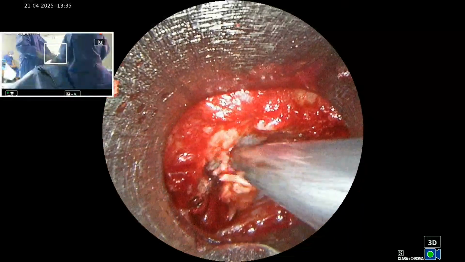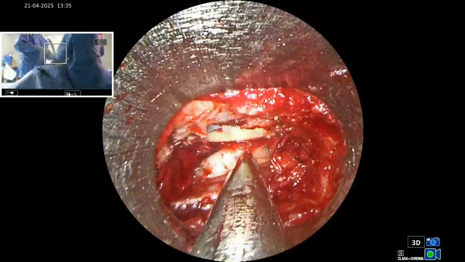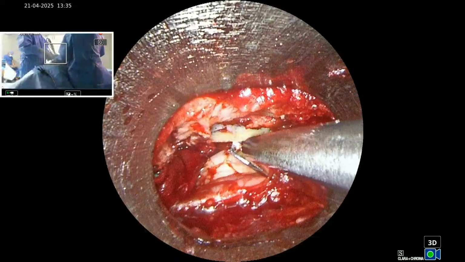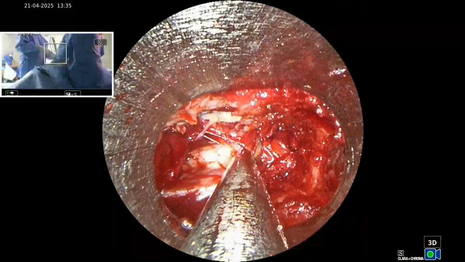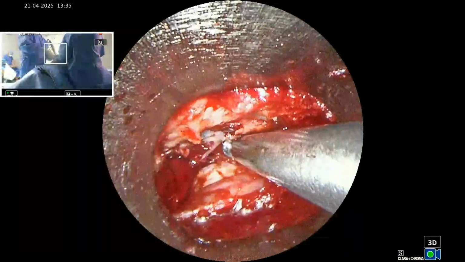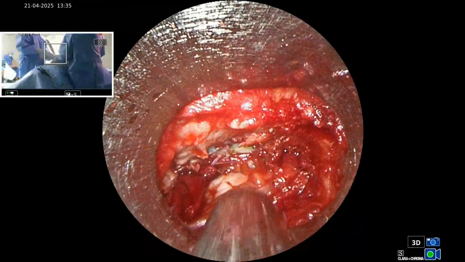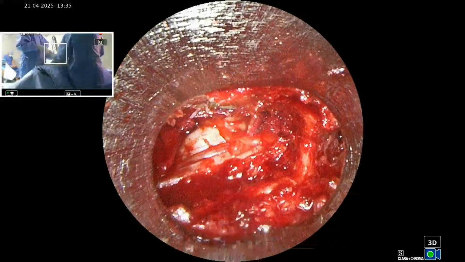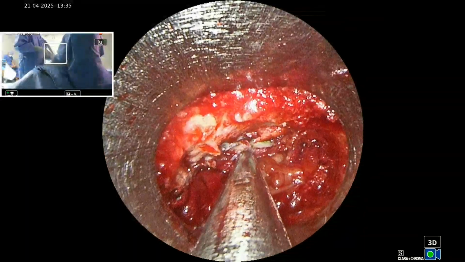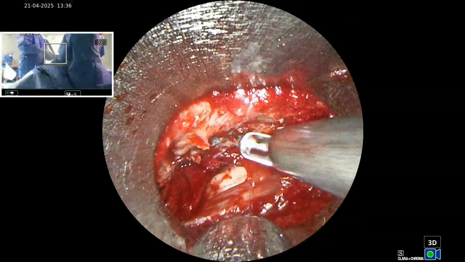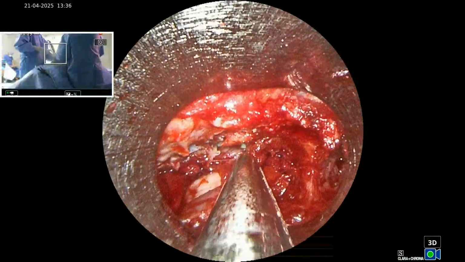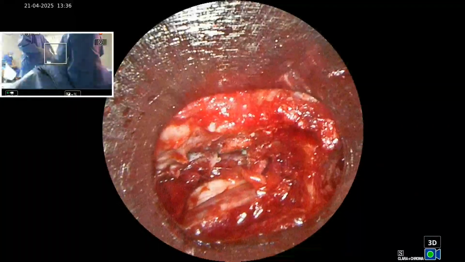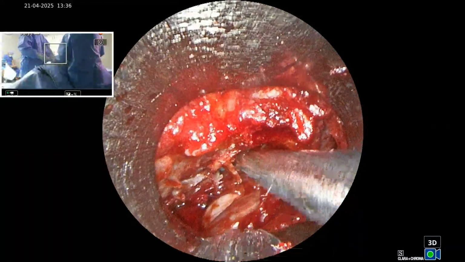Have to be careful here because below this structure is the nerve. Yes, now the nerve root is visible. There is a nerve. Yes. Now the shoulder of the nerve root is clear.